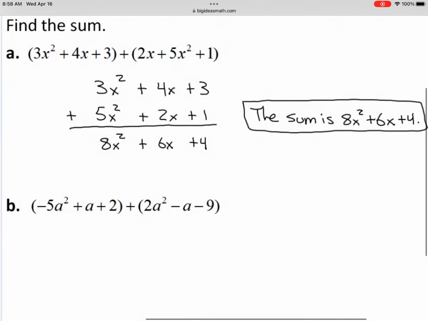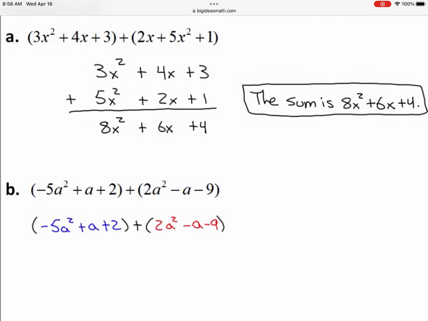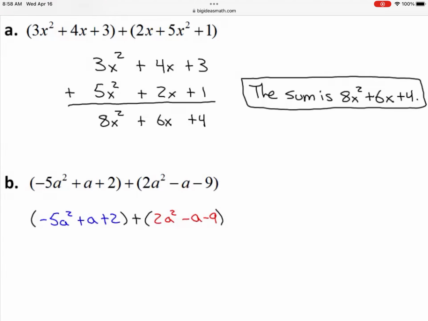Part B. The quantity negative 5a squared plus a plus 2 plus the quantity 2a squared minus a minus 9. Group the like terms. Notice there are like terms negative 5a squared and 2a squared, positive a and negative a, and positive 2 and negative 9.